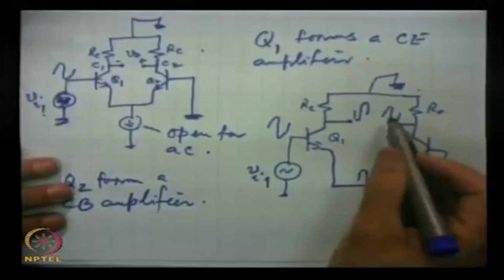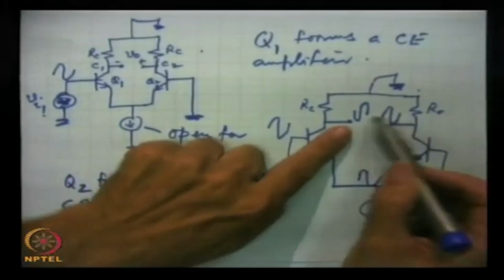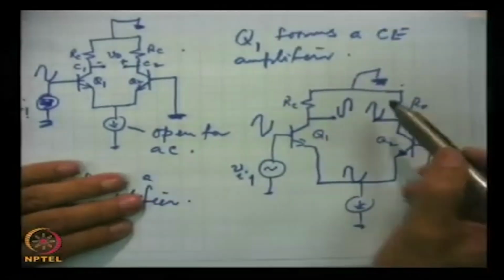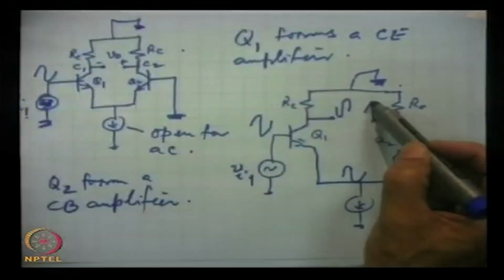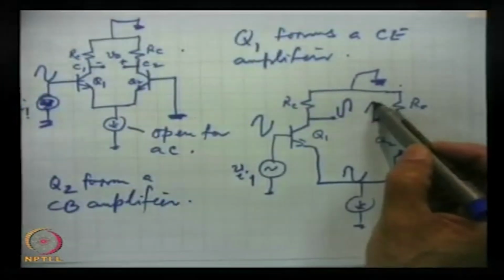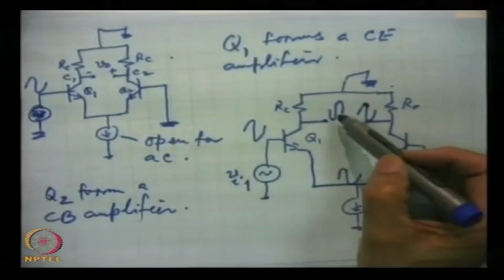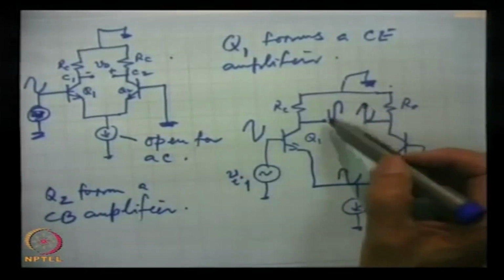Now, look here, this is the output. You may ask how the two will be combined. Look here, at this point, with respect to ground, this will be the maximum, and now instead of ground level it is more negative. So, these two will be added.